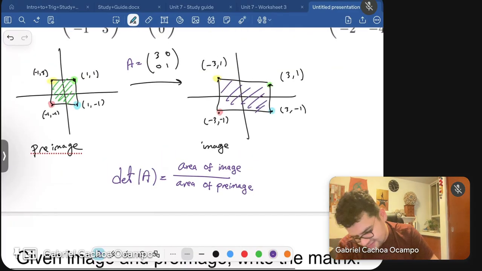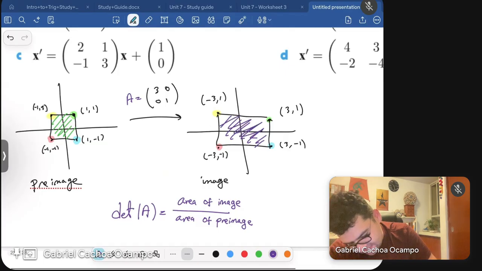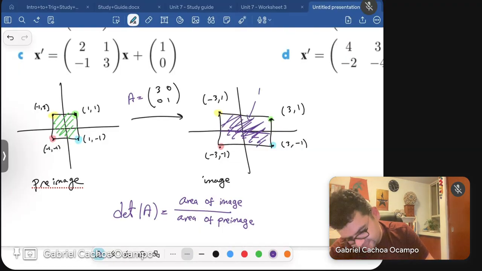So what is the area of this rectangle? This rectangle has a base of 6 and a height of 2. So this area is 6 times 2, 12. And what is the area of this square? This square has an area of 2 times 2, 4.